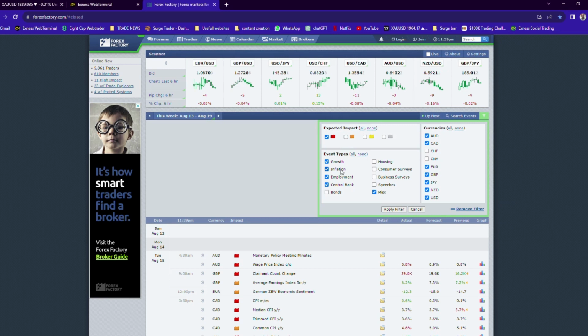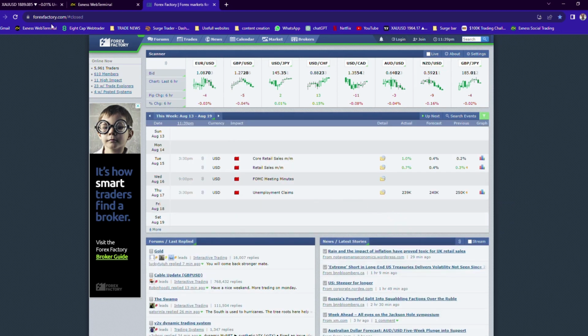So if you remove the medium impact and leave only the high impact, and remove every currency and leave USD only, this is the forexfactory.com site.